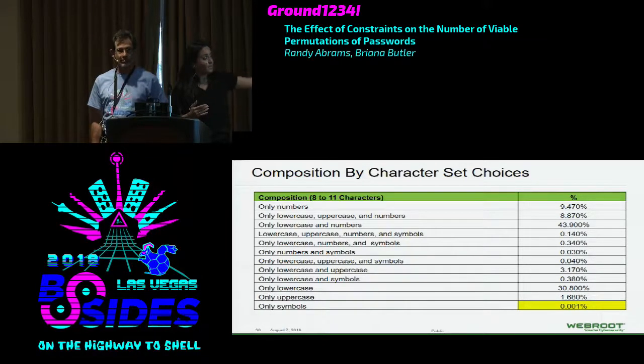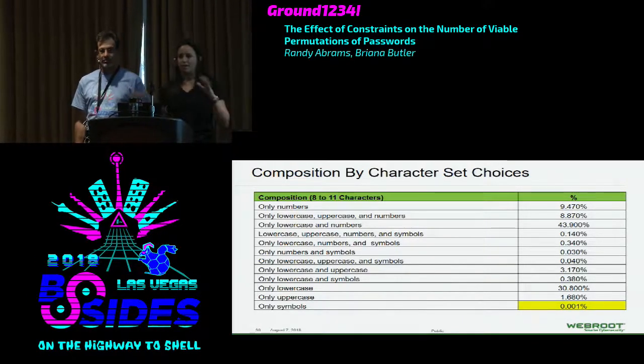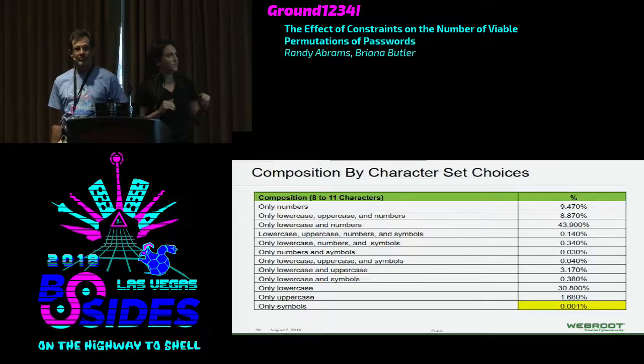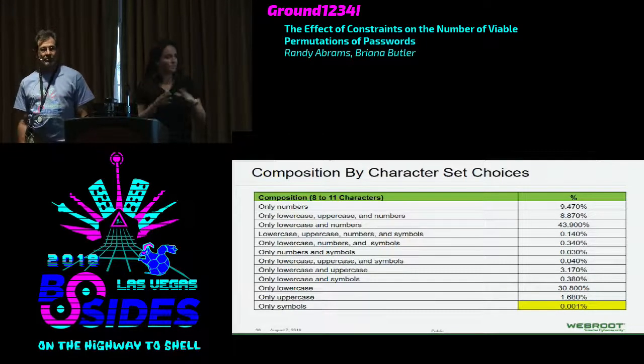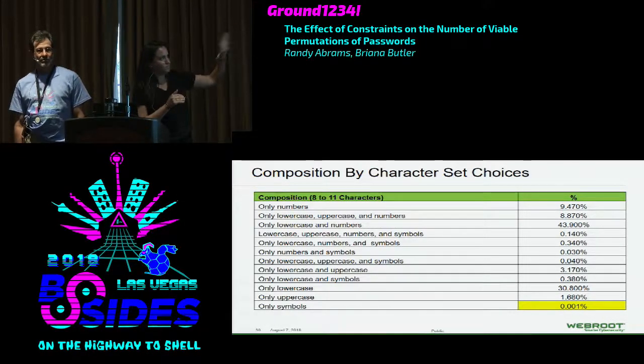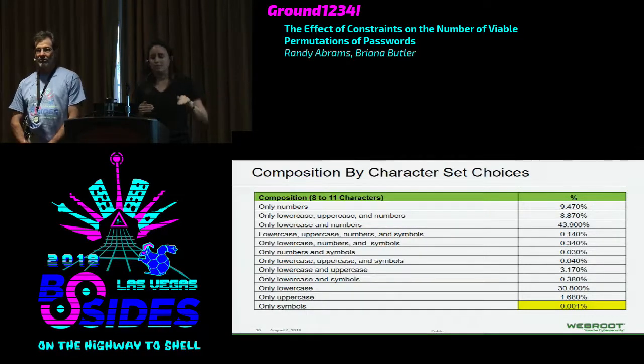The top 4 in this list, out of 12 possible constraints and combinations of those constraints, represent about, I believe, 93%. So we're really sticking to some very small constraint factors here, and continue to make low entropy with that. Here, symbol-only passwords represent a very small percent.